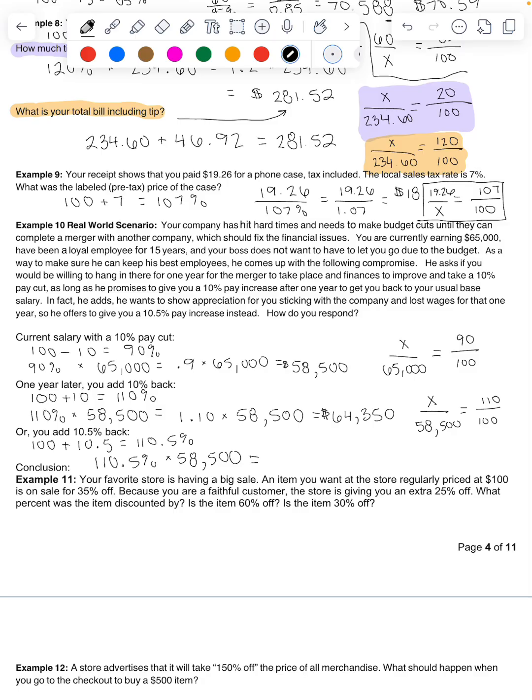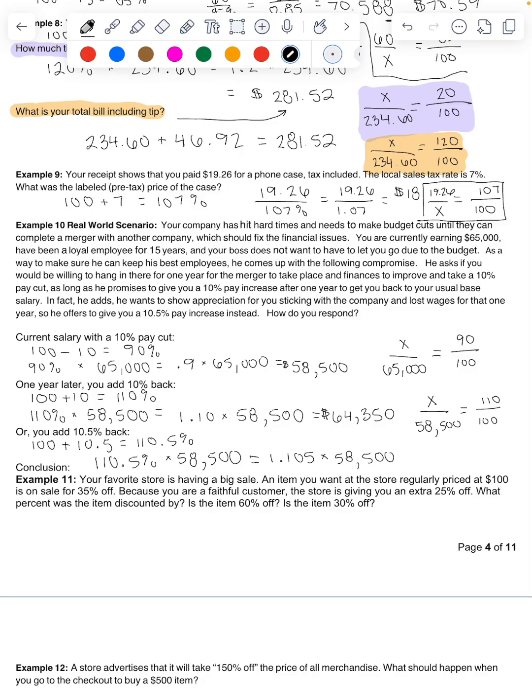Remember to be careful there. I need to convert that to a decimal, 1.105 times 58,500. You get a really crazy answer where you're like, absolutely, I would take that salary, but that's not the correct answer.